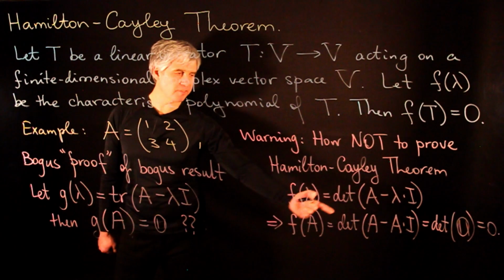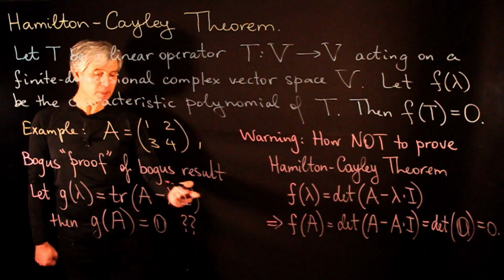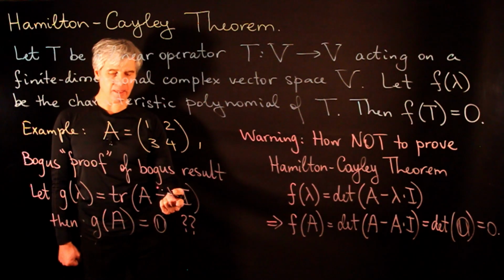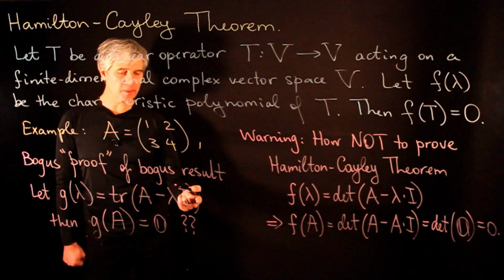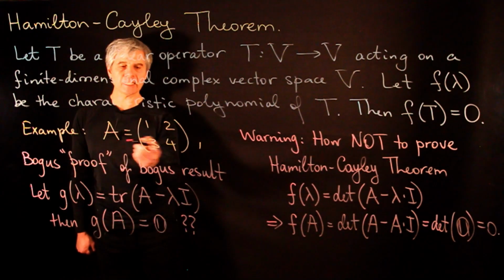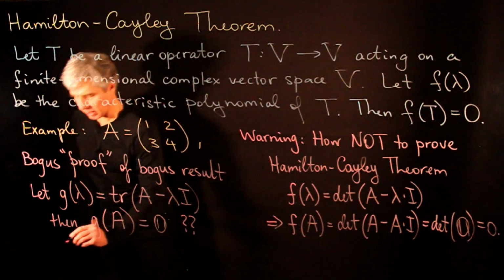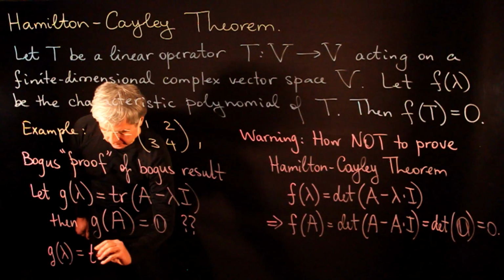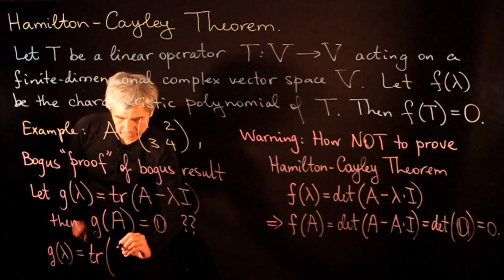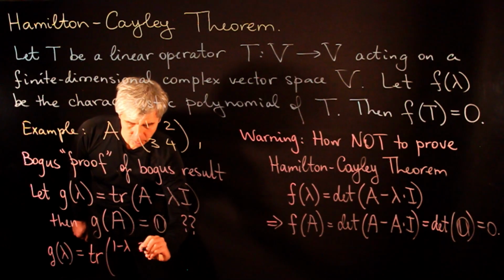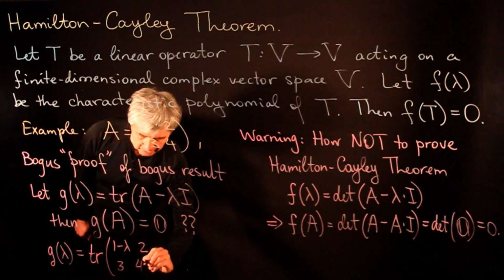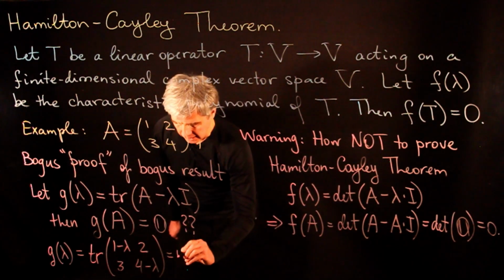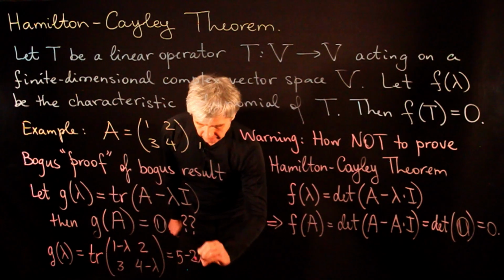Now, if this were a valid method, we could prove, so to speak, this result in exactly the same way. So if we substitute A instead of lambda, then certainly this will become 0. But let us see, what is g of lambda for this matrix? Here we have that g of lambda is trace of 1 minus lambda, 2, 3, 4 minus lambda. And we see that this is 5 minus 2 lambda.